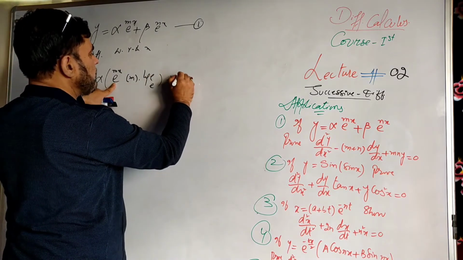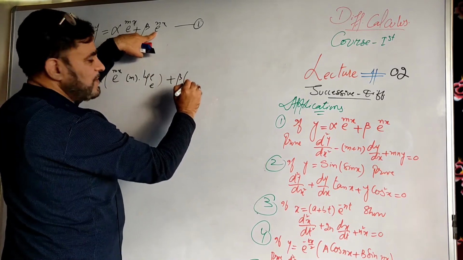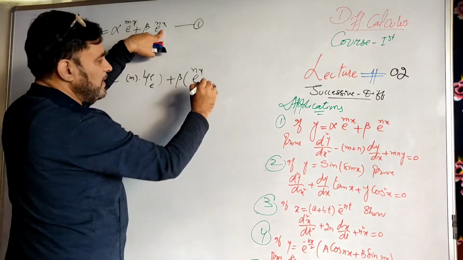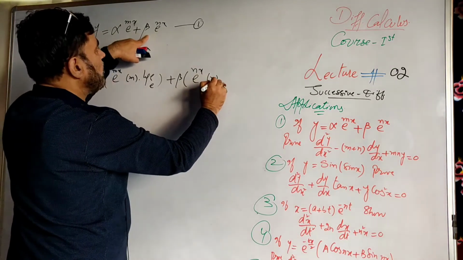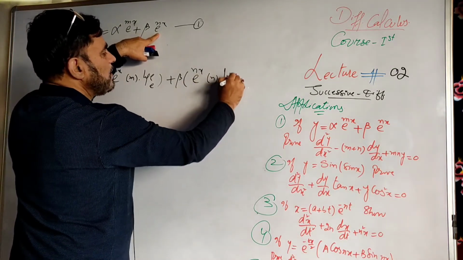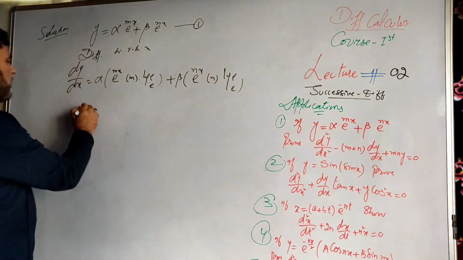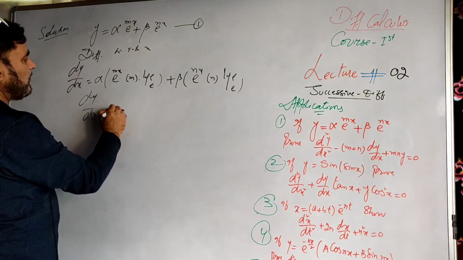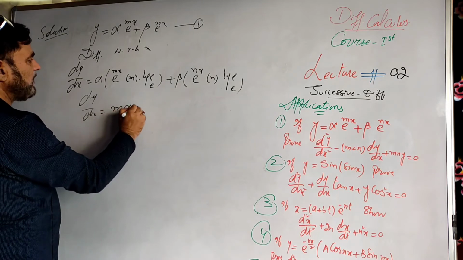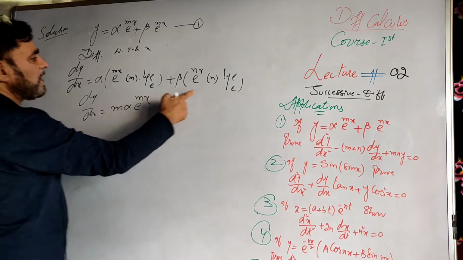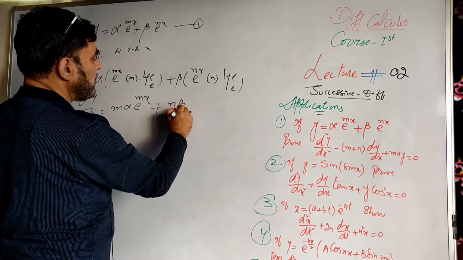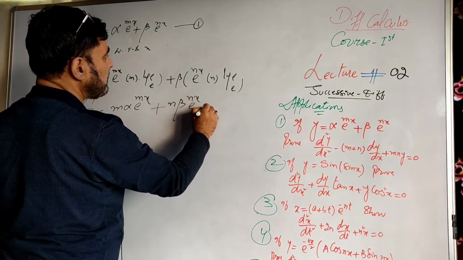Similarly, you have beta, exponential function e raised to power nx as it is, differentiation of the power is n, then log of e to the base e is 1. So you are getting dy by dx is m alpha e raised to power mx plus n beta e raised to power nx. Name this second.